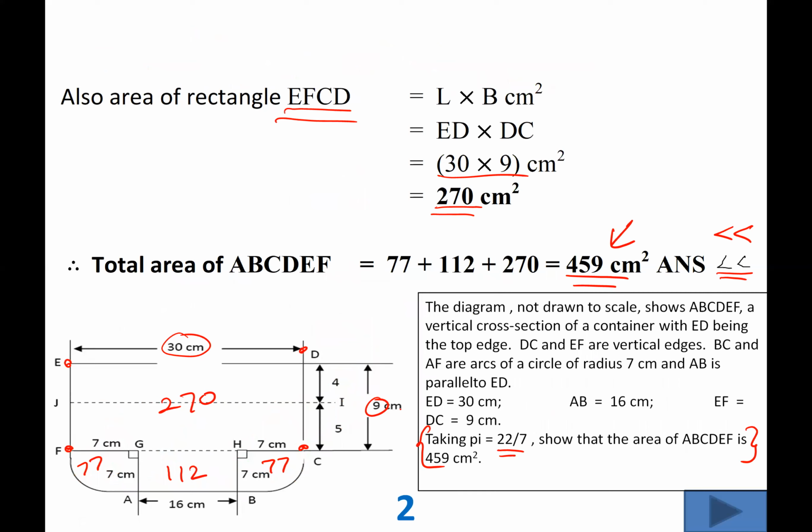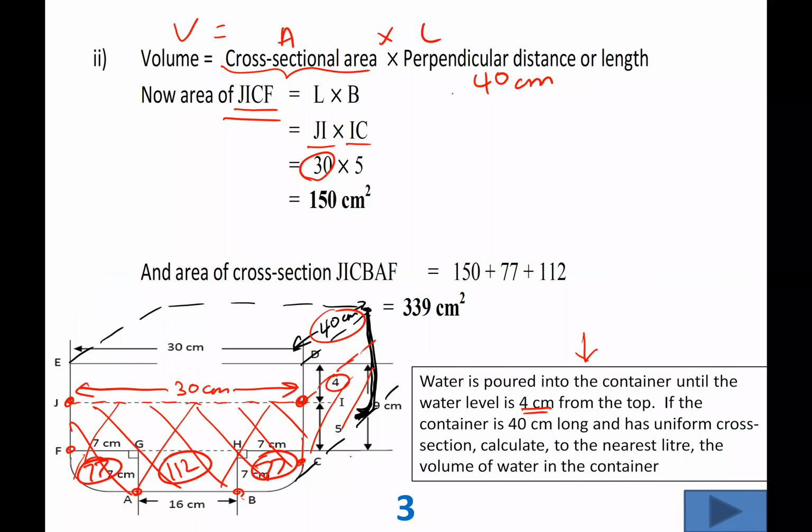So if the water level is 4 centimeters from the top, then the height of that rectangle is 5 centimeters, because 4 from 9 is 5. So IC is going to be 5 centimeters. When we multiply the length 30 centimeters by the height, 5 centimeters, we get 150 centimeters squared as the area of that top rectangle.